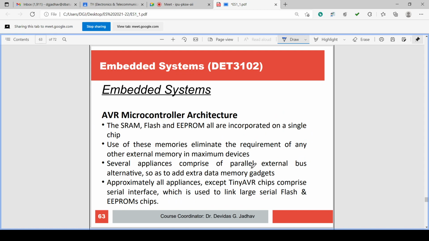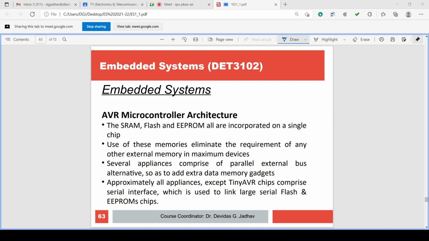In the AVR microcontroller architecture, the SRAM, flash, and EEPROM, different memories, are all incorporated in a single chip. What are the three types of memory?